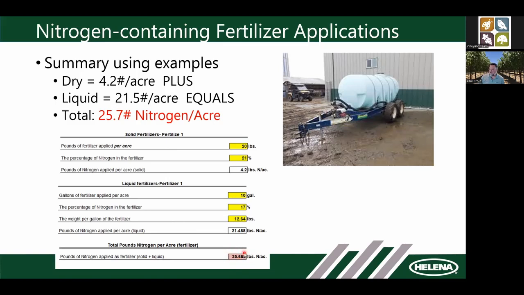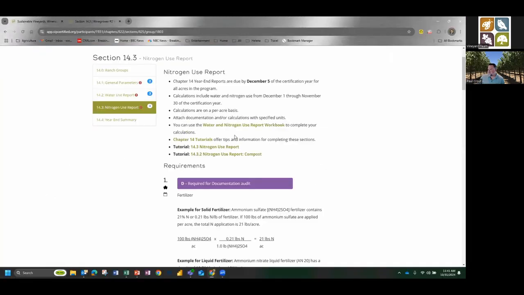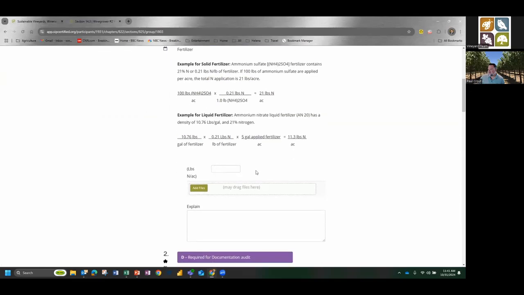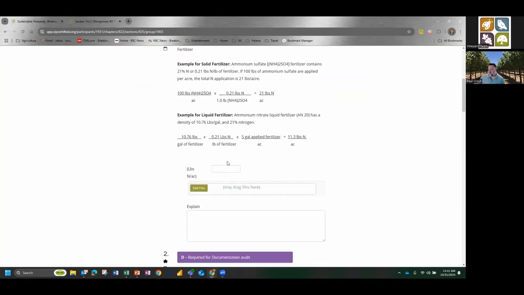And so you will enter that in the appropriate form here in the workbook. So let me go over here. So here it is. So this is 14.3. This is your nitrogen use report. And as I mentioned, 25.7.